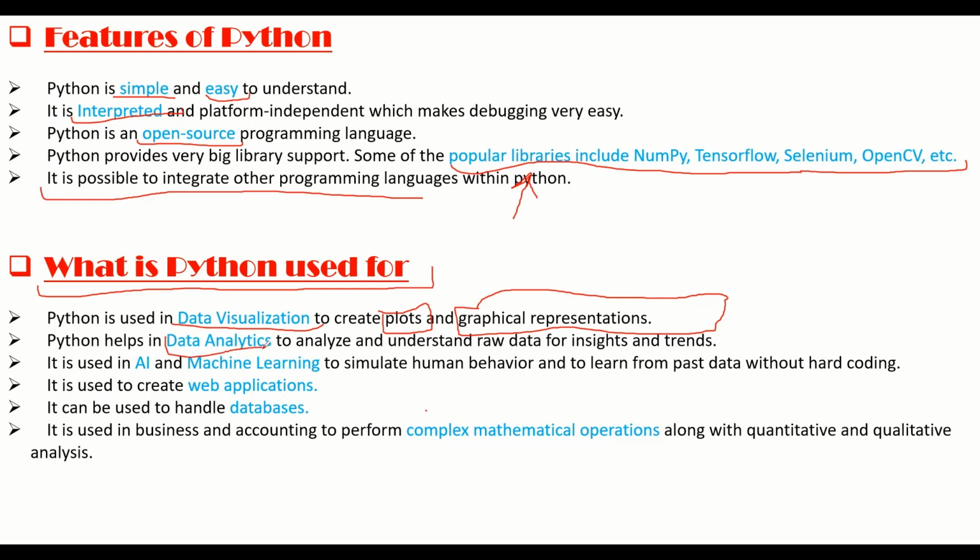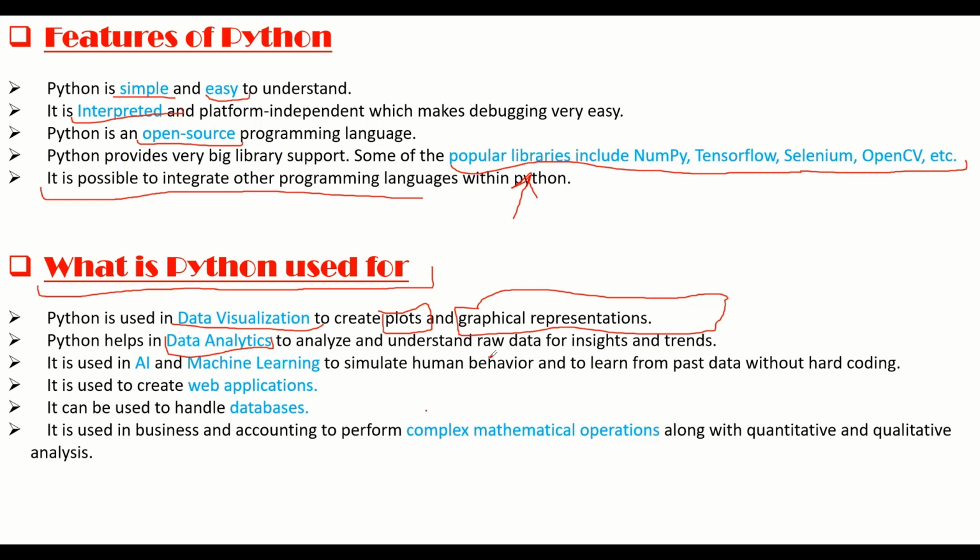Python helps in data analytics to analyze and understand raw data for insights and trends. So, Python's extensive ecosystem of libraries such as Pandas, NumPy, and SciPy provides powerful tools for data manipulation, analysis, and statistical computing.